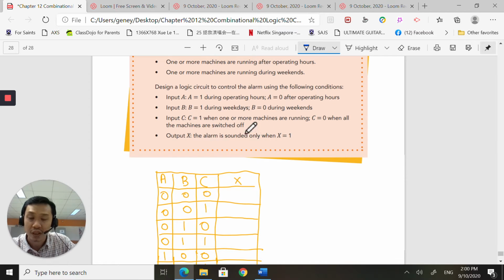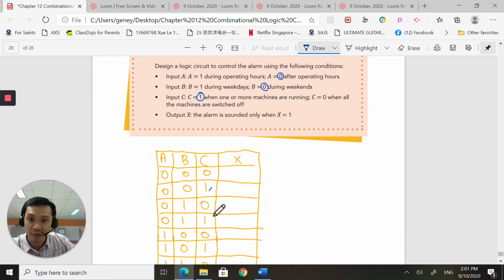So first of all, when machines are running after operating hours, A is 0, B is 0, okay? So I'm looking at when the machine is running, when C is 1, so I've got 1, 1, 1, 1, okay?